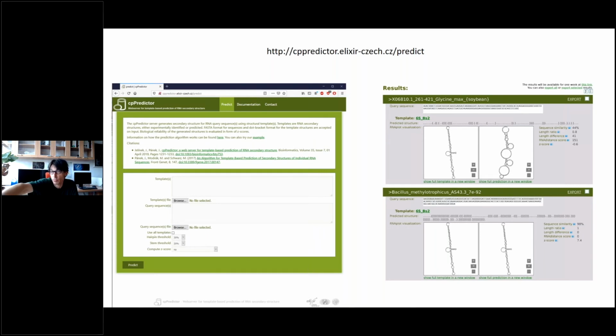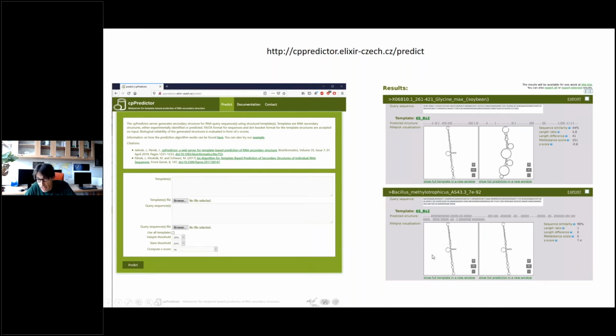So you try to predict their structures, and if the sequences cannot adopt the secondary structure of the template RNA, it indicates that they most likely are not homologous. It means that they have different functions, can come from different organisms, and so on.